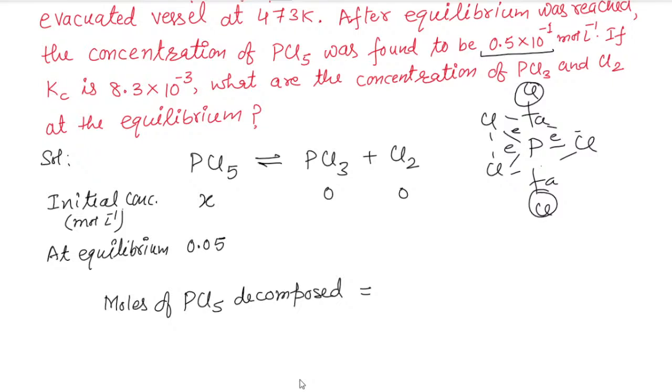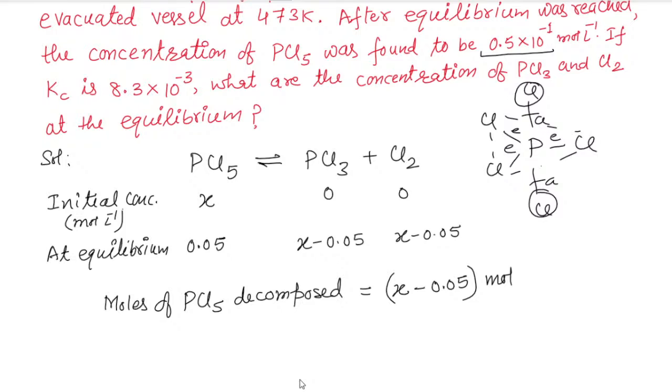It should be X minus 0.05. So these moles are decomposed, and at equilibrium PCl5 is 0.05. So PCl3 is X minus 0.05, and Cl2 is also X minus 0.05.